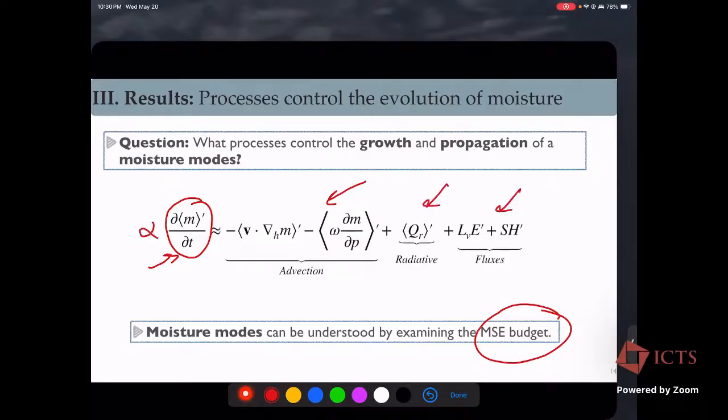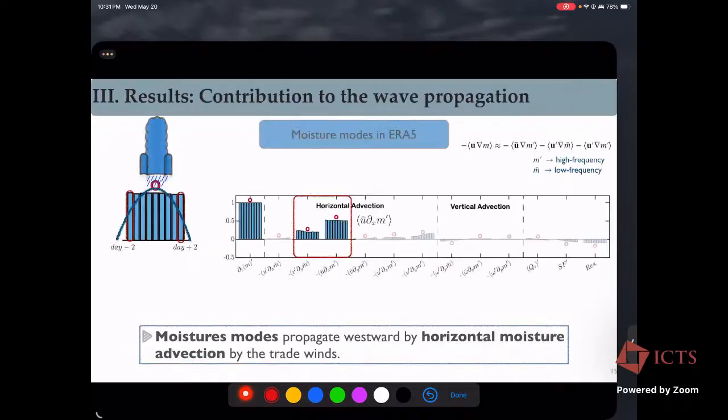And this is, of course, proportional to the evolution of precipitation in that system. So we can use this equation to understand how precipitation or how moisture is evolving in the system.